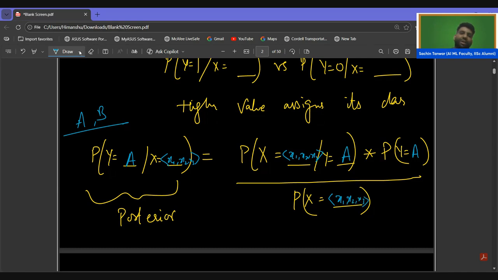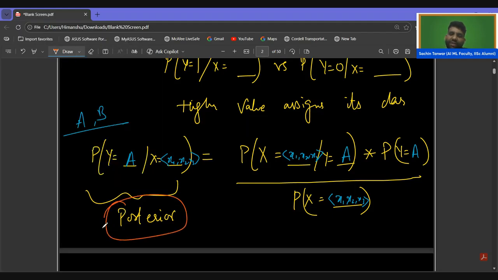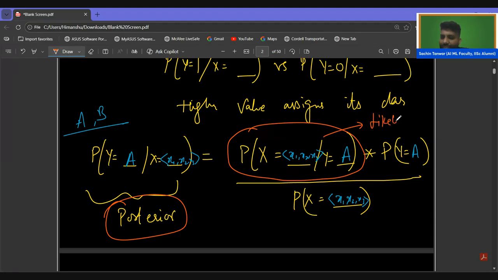If I just talk about what these individually are called, over here I said this is the posterior. This term is called the likelihood. This term is called the prior. That means what is the prior knowledge about this class I'm having?